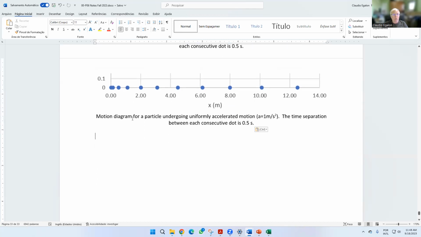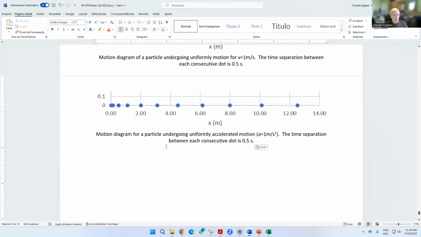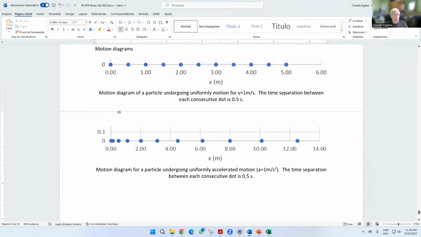And here is a motion diagram for a particle undergoing uniformly accelerated motion. The acceleration in this case is 1 meter per second squared. The time separation between each consecutive dot is half a second. It starts at 0. Half a second later, the particle is here. It didn't move much.